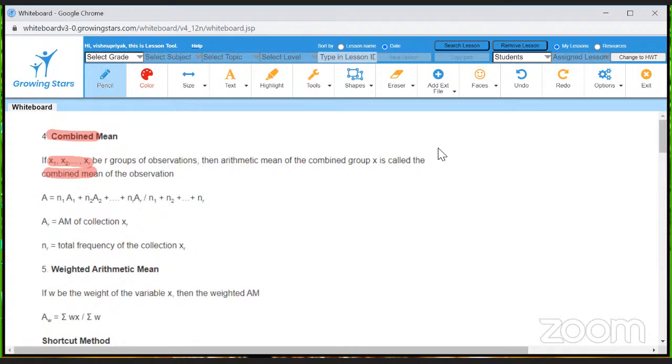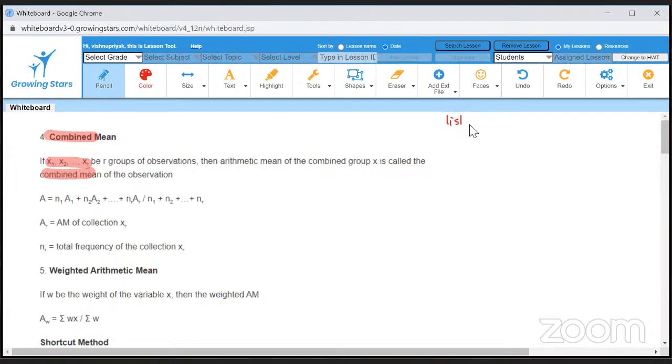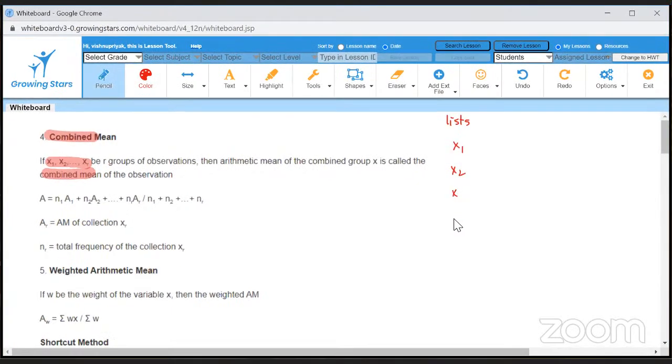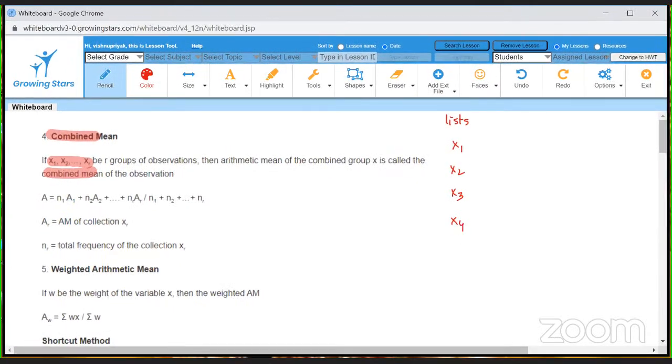So you have different lists. Many lists are there: X1 list, X2 list, X3 list, X4 list.